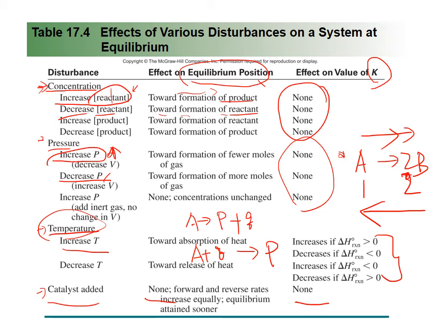When you add heat, the reaction goes forward for the endothermic, because you absorb heat, and that will reduce the disturbance. If you decrease temperature, then the reaction favors exothermic, because that will generate heat and counteract the disturbance to decrease temperature.